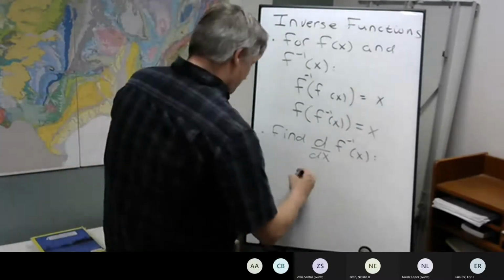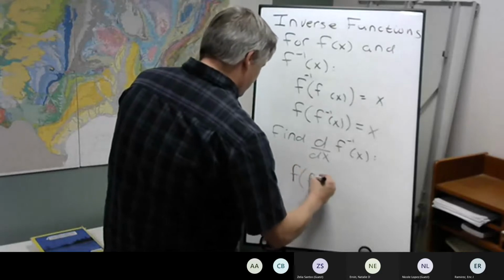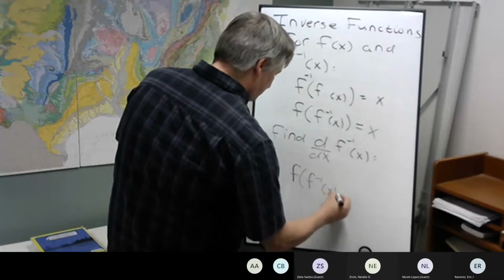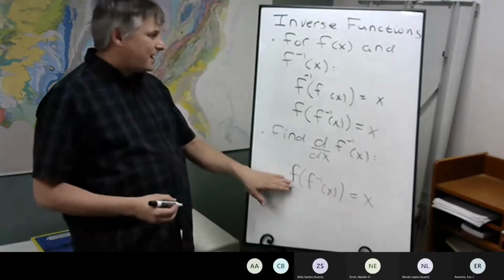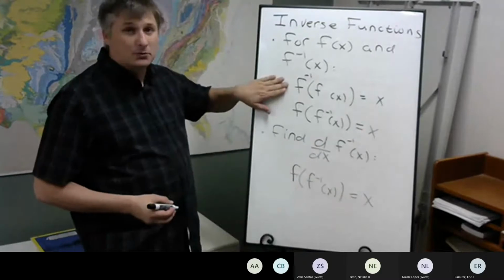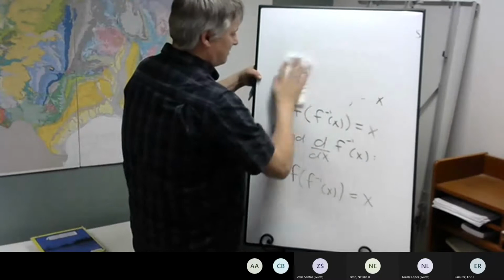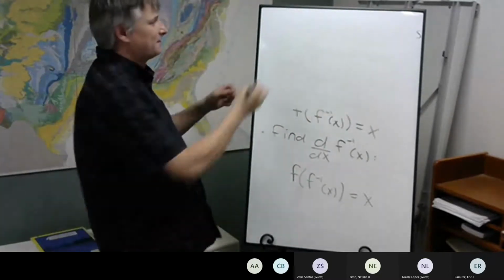So we have that f of f inverse of x is equal to x. And again, this has to be true. We're going to take the derivative of both sides.